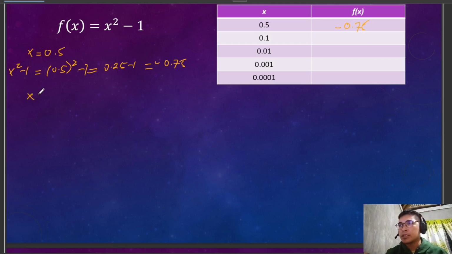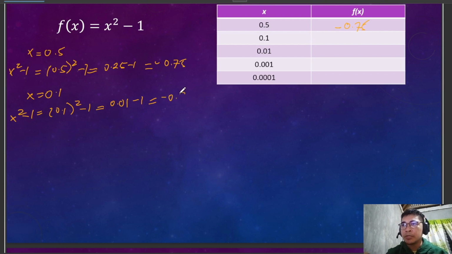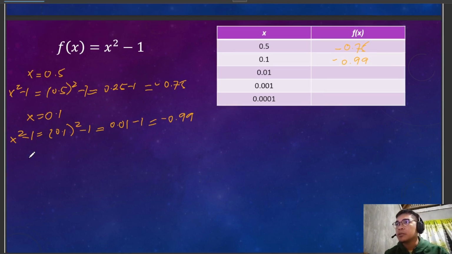Next, x equals 0.1. X squared minus 1 equals the square of 0.1 minus 1. 0.1 times 0.1 is 0.01, minus 1, that is equal to negative 0.99. Okay?